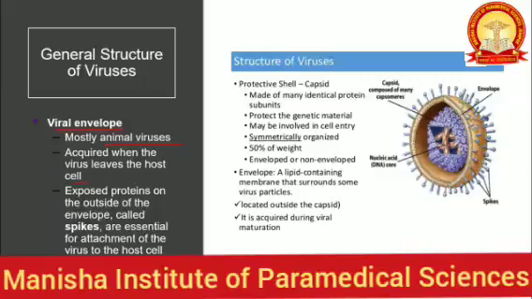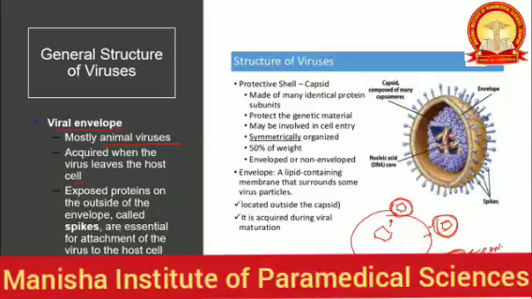So let's assume that this is the host cell, and this is the virus, and the virus is taking a part of the vesicle out. Once they bulge out from the host, a portion of the cell membrane from the host cell is captured, and that becomes the envelope.